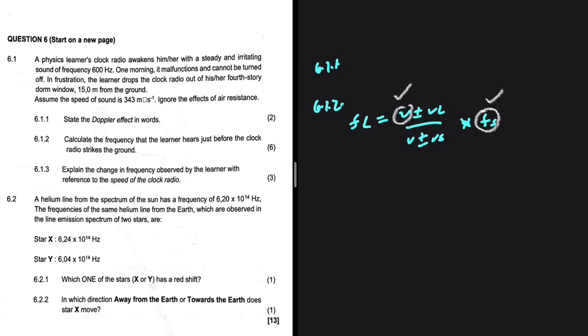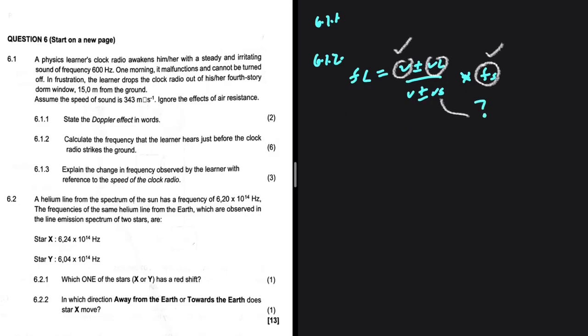The velocity of the listener is stationary. The listener is in her room. So we have that it is equal to 0. I think what we need is the velocity of the source. We want the velocity of the clock just as it strikes the ground. Let's gather our information and see which equation we need to use.